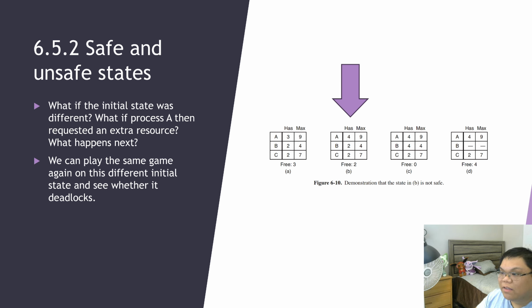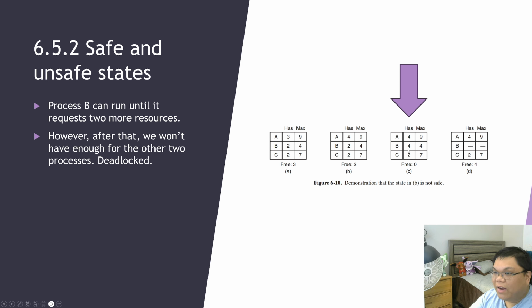Let's see what happens. Well, now we have process A with 4 resources, and it might need a maximum of 9 still. Process B can run until it requests 2 more resources. In which case, we're going to give process B 2 more resources, and then it's going to use them and free them up.